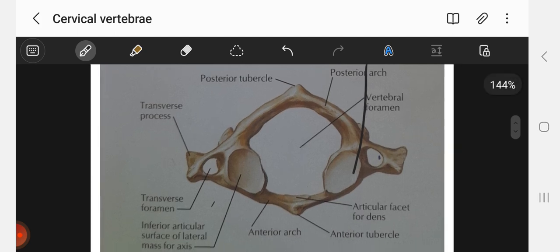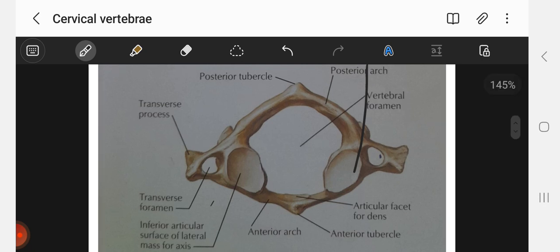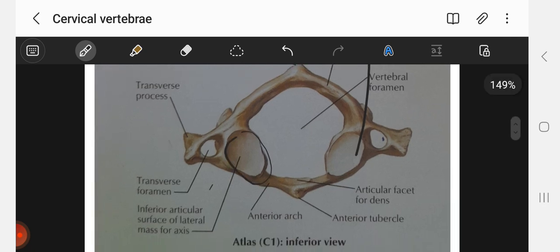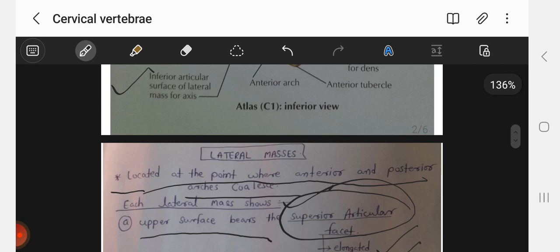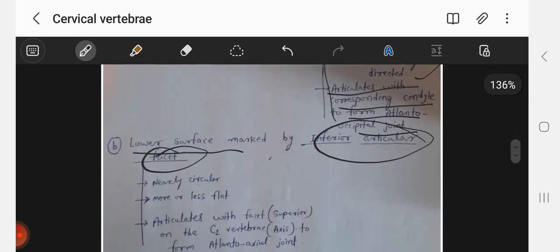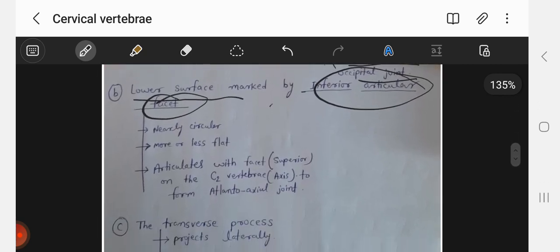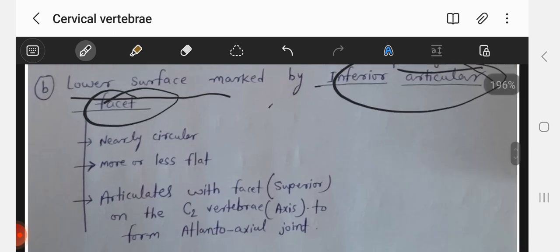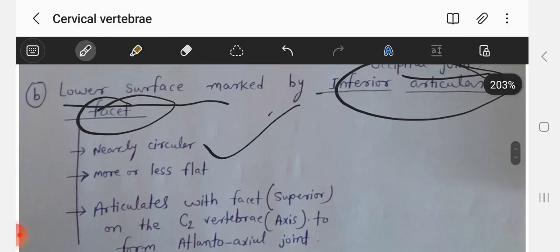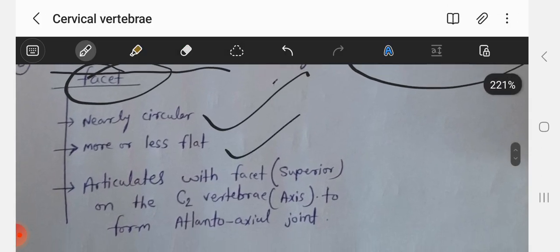In this image, look here, these two are the inferior articular surfaces, or you can say facets. So what are the key features of these inferior articular facets? The inferior articular facets are circular and more or less flat.